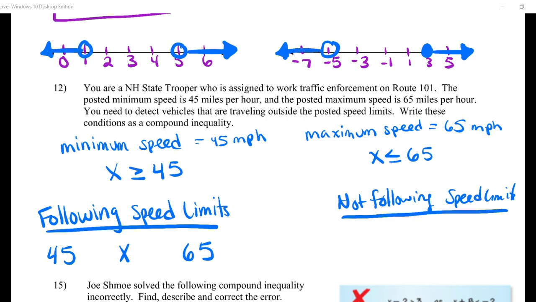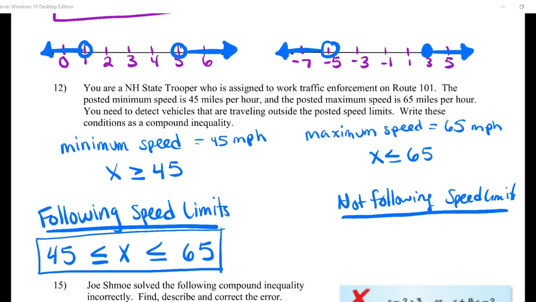The minimum: x is greater than or equal to 45, and x is less than or equal to 65. If you're traveling between 45 and 65, including both endpoints, this is your compound inequality expressing the possible speeds.